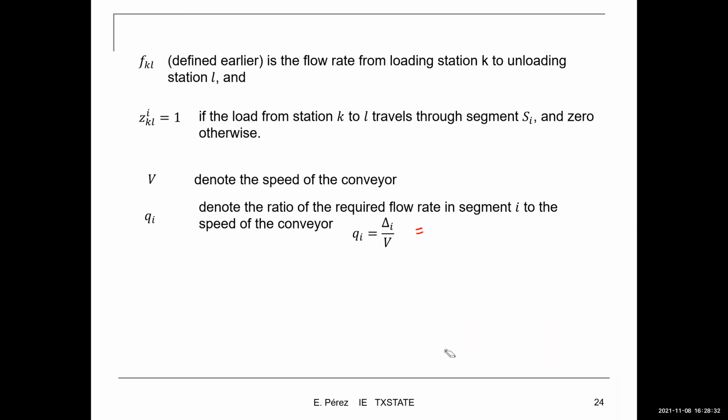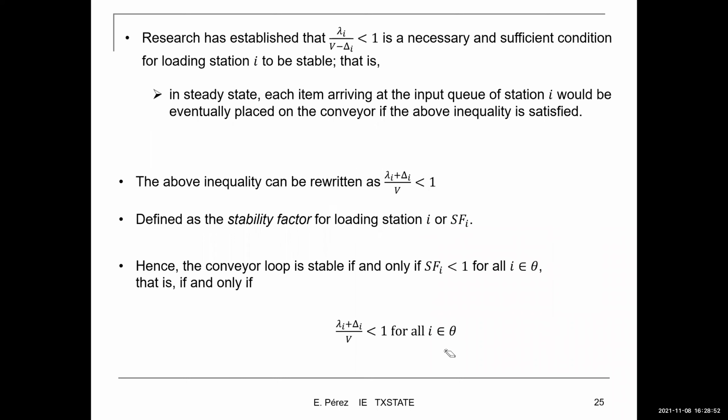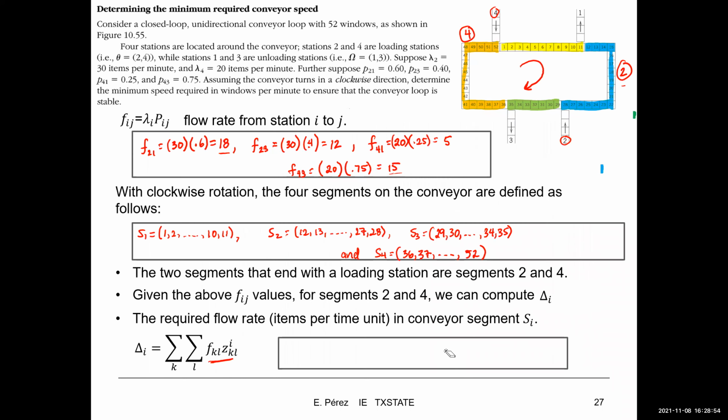So ZKL is going to be equal to 1 only if you have a load traveling from K to L. Okay, so if you saw that expression has an FKL, which is the flow rate from loading station K to unloading station L. Okay, so let us look at this expression.